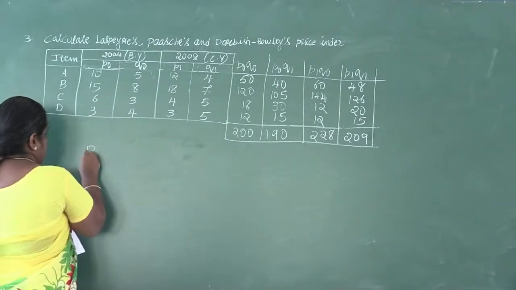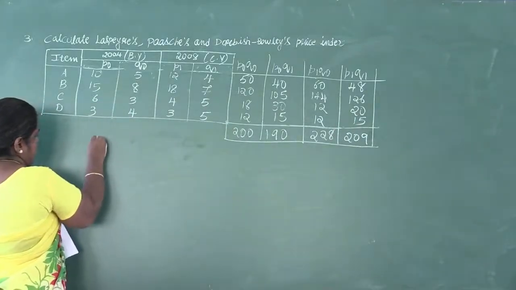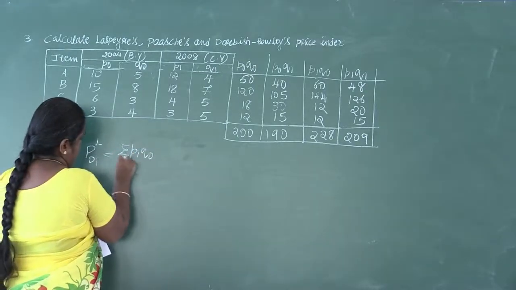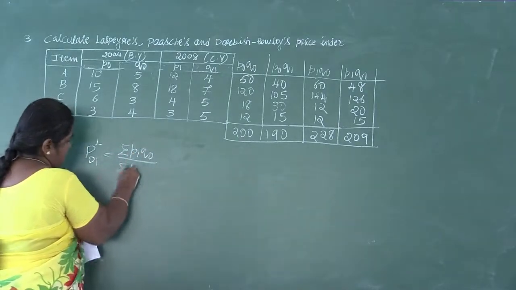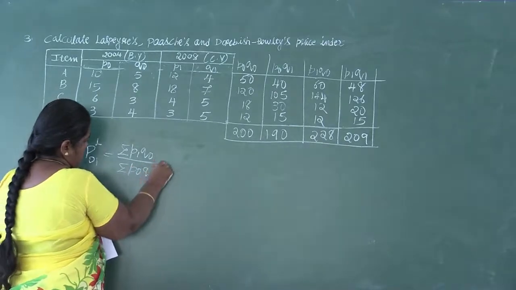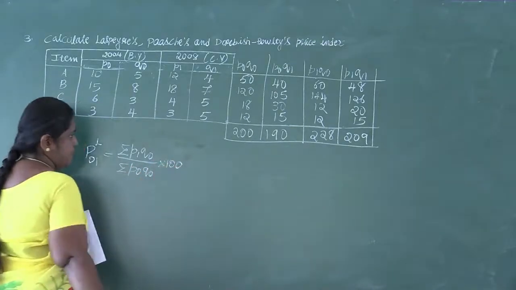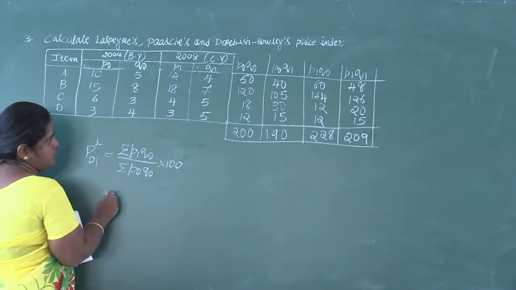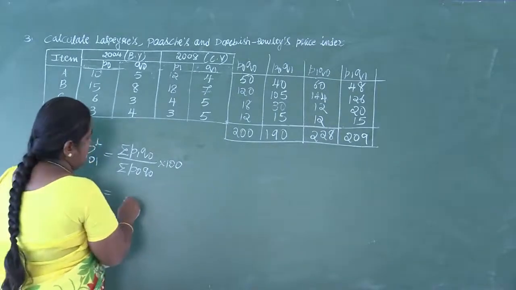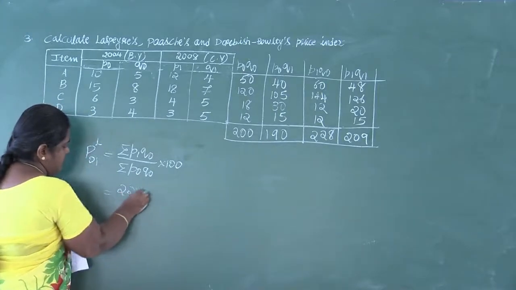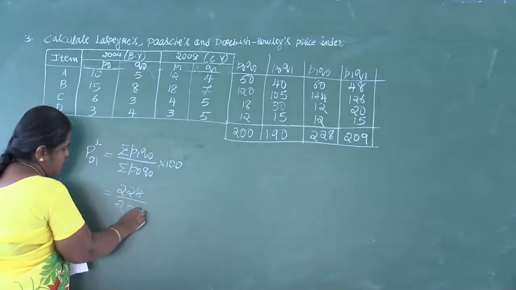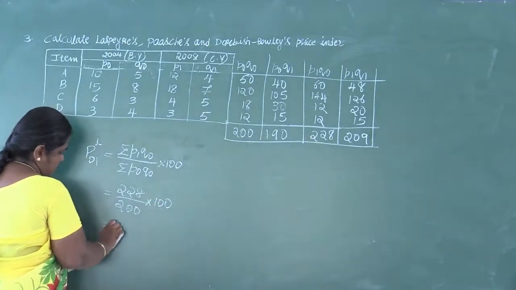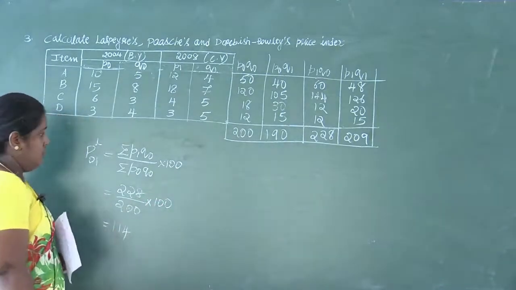Then Laspeyres' price index number P01L equals, the formula is sigma P1 Q0 divided by sigma P0 Q0 into 100. Then substitute in this, P1 Q0 is 228 and P0 Q0 is 200. 228 divided by 200 into 100 is 114.